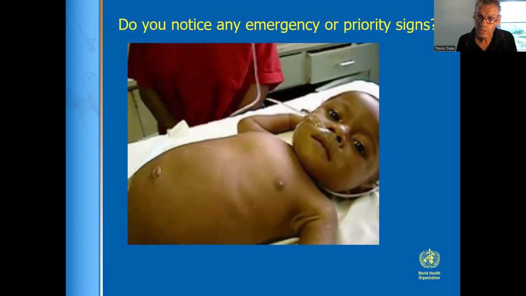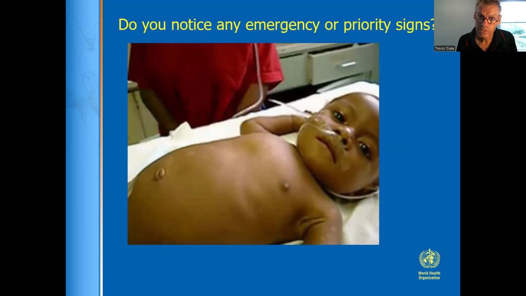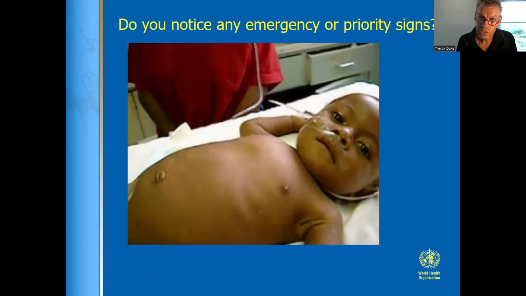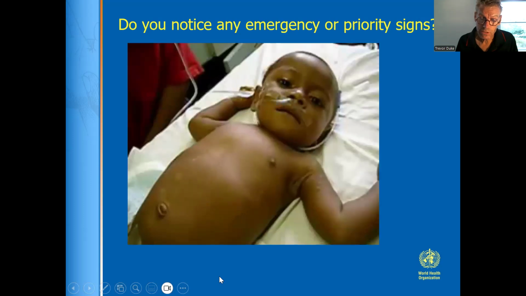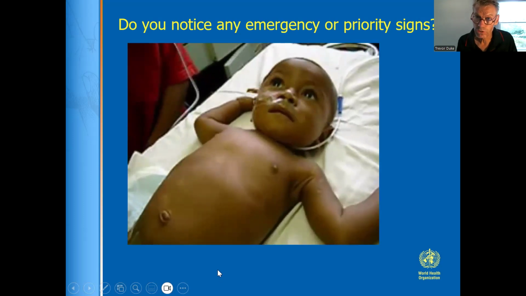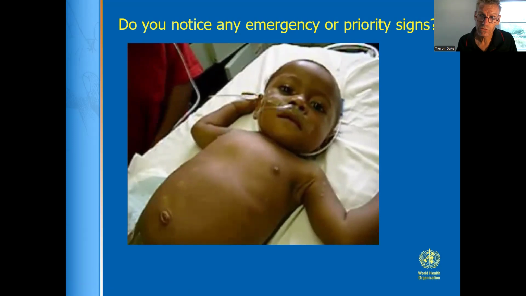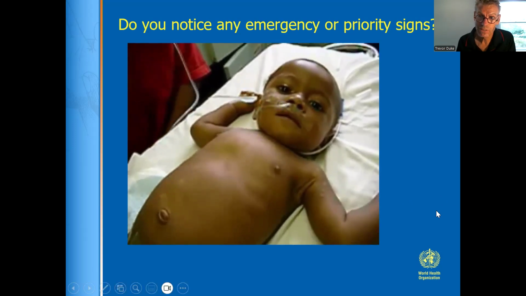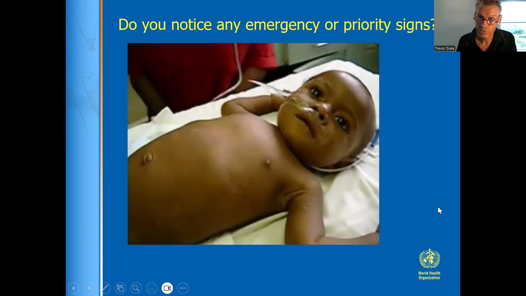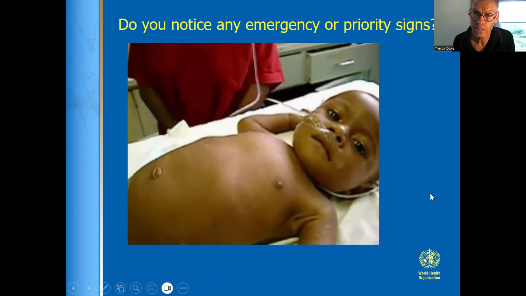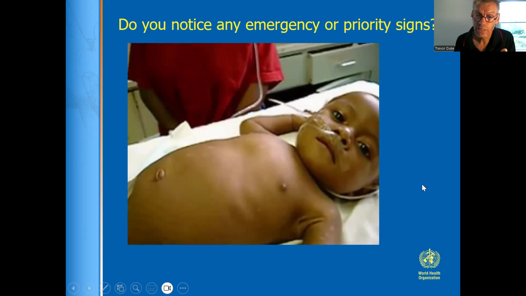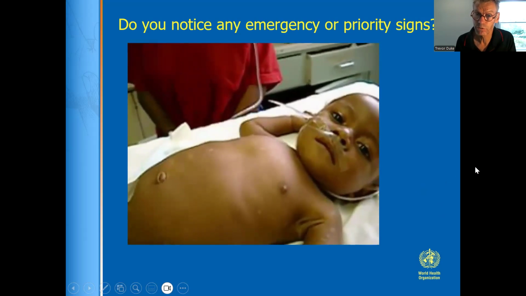You can see that his chest sucks in between his ribs, and his chest seems to suck in below his sternum. He does look alert. He's looking around, so he's alert. He scores highly for the D for disability. You can't appreciate that he's got any airway obstruction, but he's got severe respiratory distress.